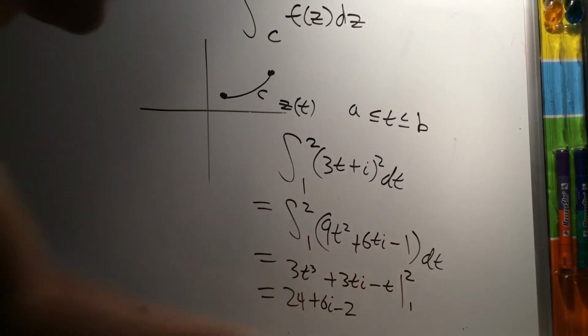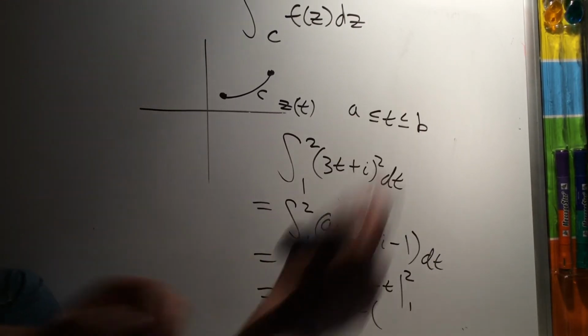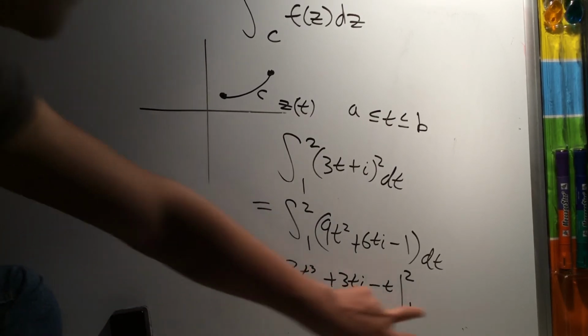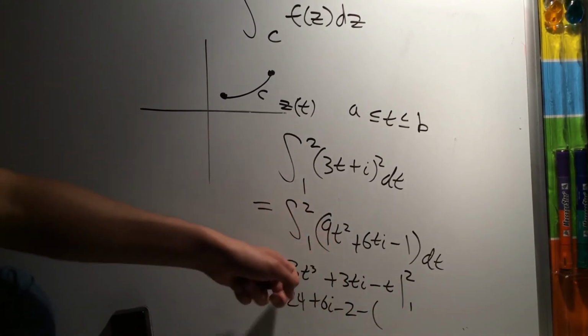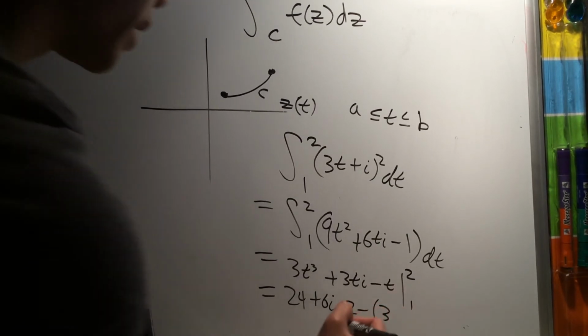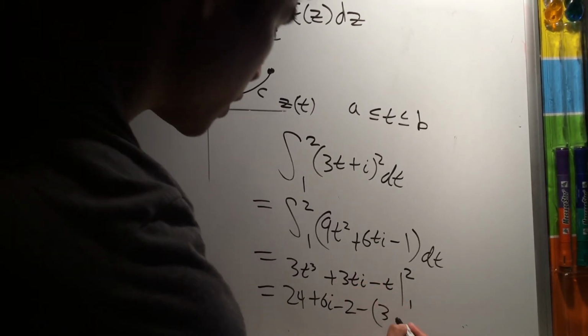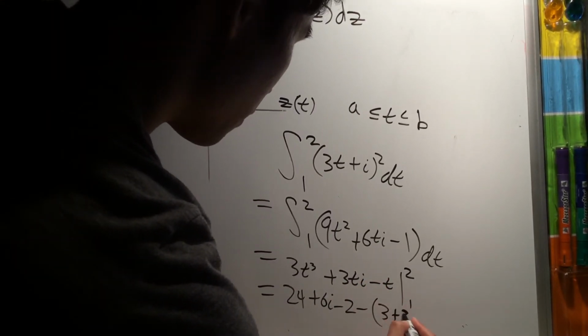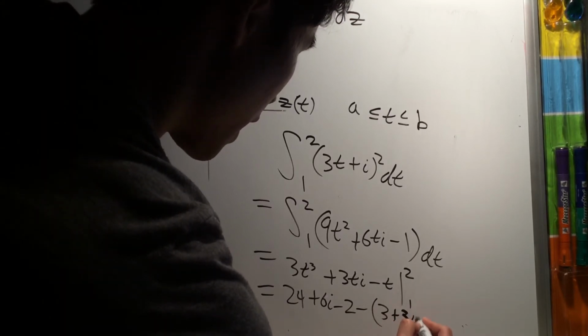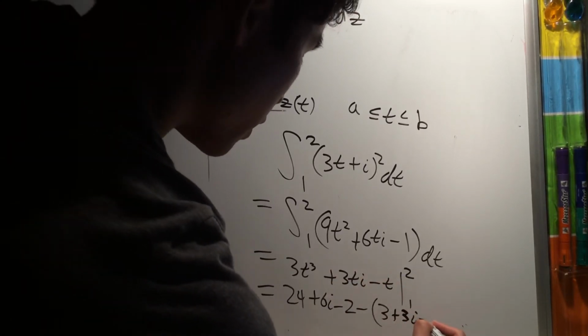Now, this is not 0, so we should be subtracting something in parentheses. Now, 1 to the power 3 is 1 times 3, so we get that. 3 times 1 is 3, so we get plus 3i, and we get minus 1 here.